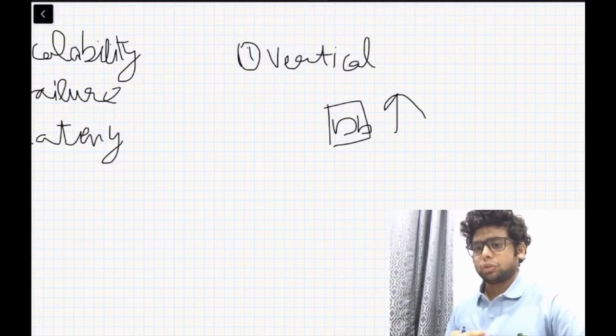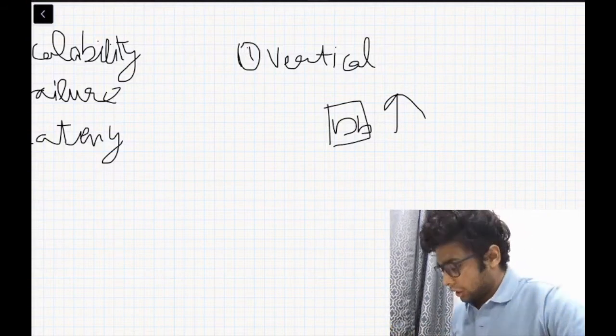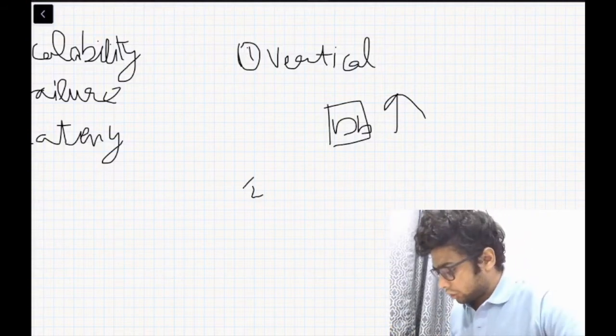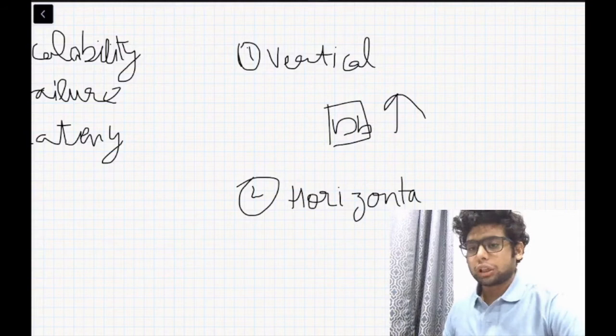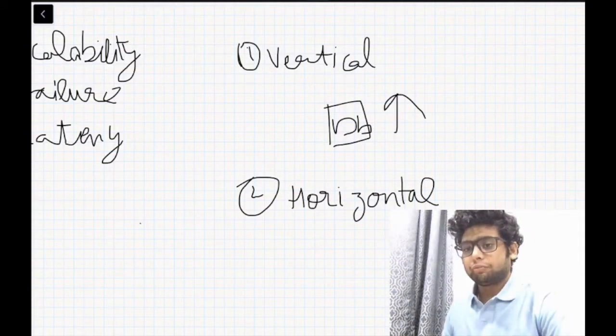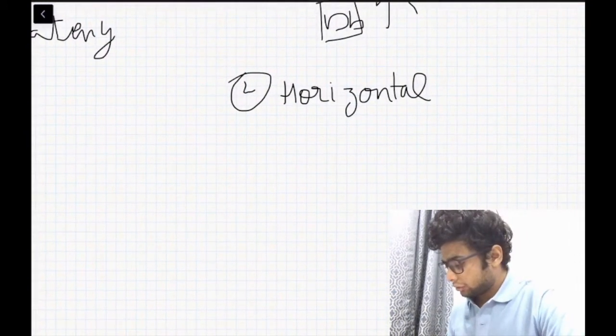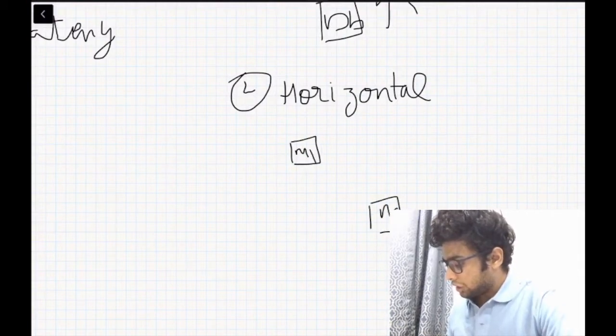Then we come to the second approach that many people are taking, and probably will take in future as well, which is horizontal scaling. In horizontal scaling, we have multiple machines. This is machine 1, let's say this is machine 2 and machine 3.